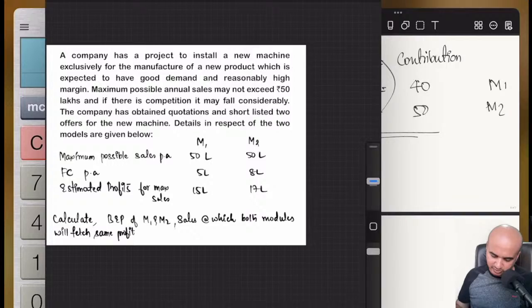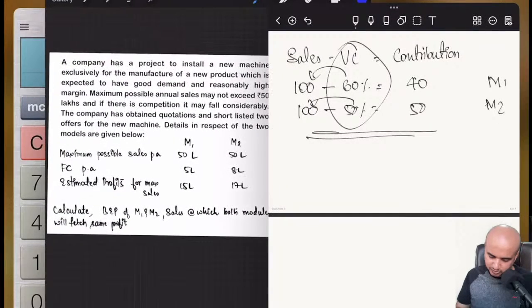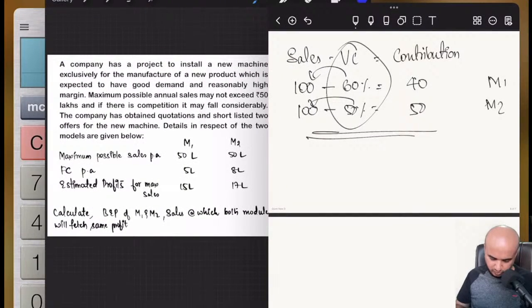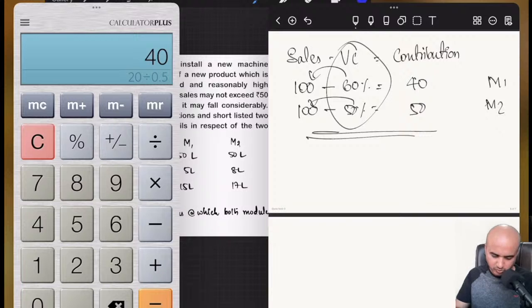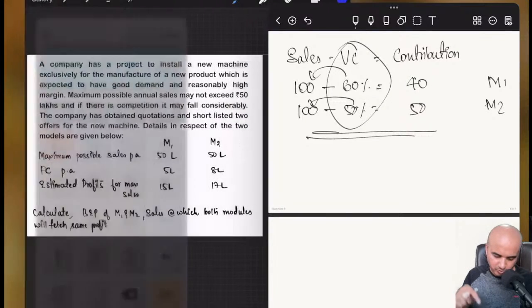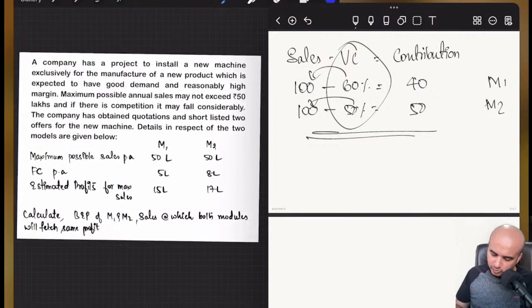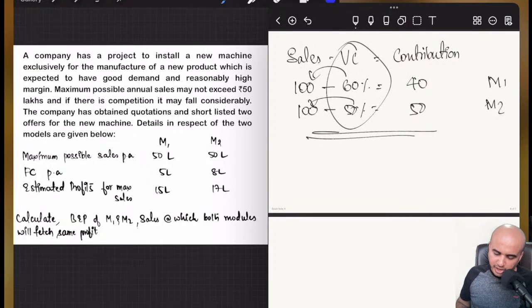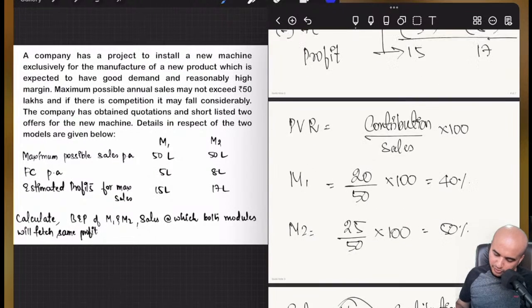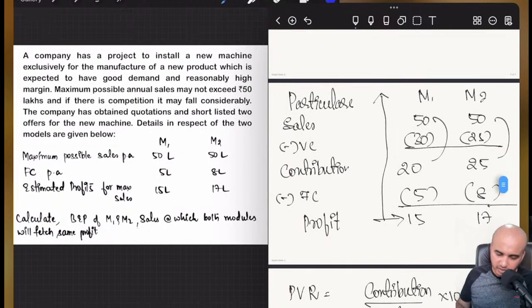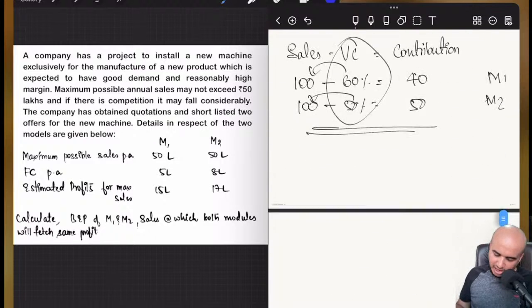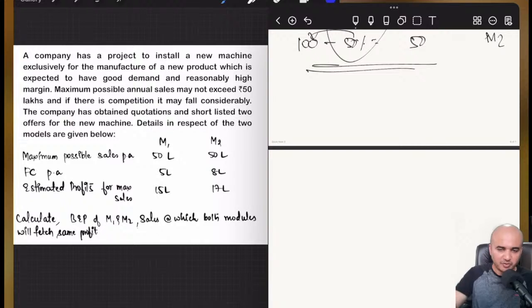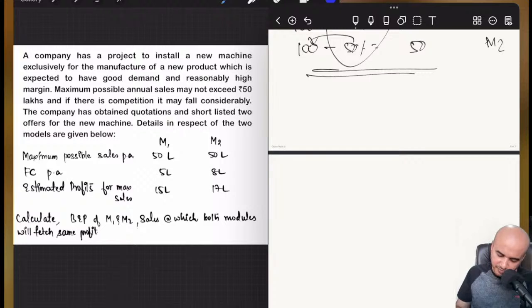Okay, next, what else is there? We have calculated the profit, which was anyway given. We have calculated the variable cost. We have calculated the contribution. So what is asked is BEP. We can easily find out BEP now that we have the contribution as well as PV ratio.